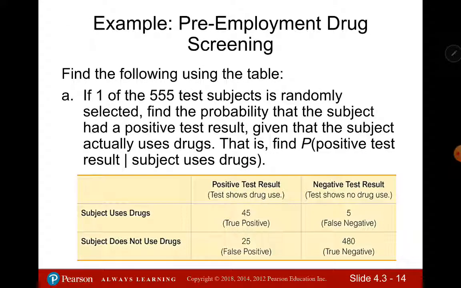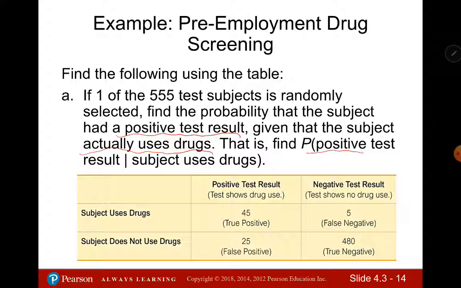Let's check the example. If one of the 555 test subjects is randomly selected, find the probability that the subject has a positive result, given the condition that the subject actually uses drugs.